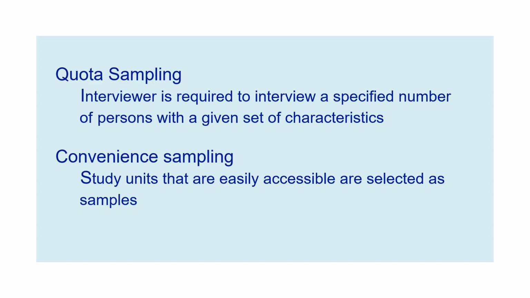In quota sampling, the interviewer or data collector is required to interview or collect data on a specified number of persons with a given set of characteristics. For example, a researcher wishes to conduct a study on the prescribing preferences of physicians with regards to anticoagulants.